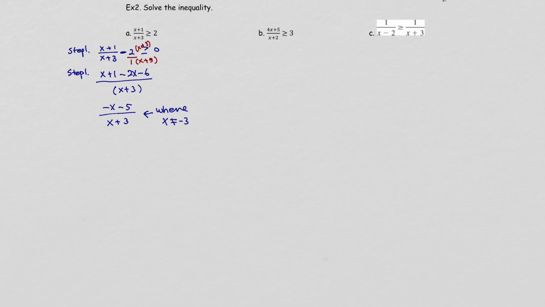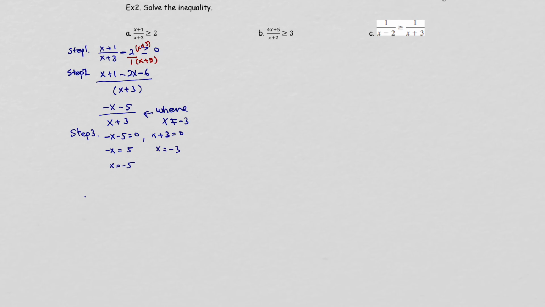Okay, so that's important. So then step number 3, oh, that was 2 right there, right? Step number 3, finding boundary points by letting numerator equal to 0, denominator equal to 0. So you end up getting x equals negative 5, and that will be negative 3.